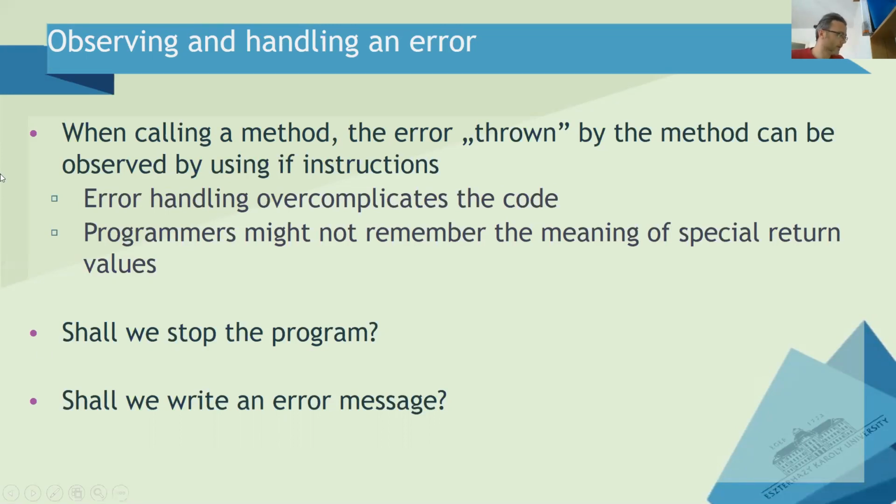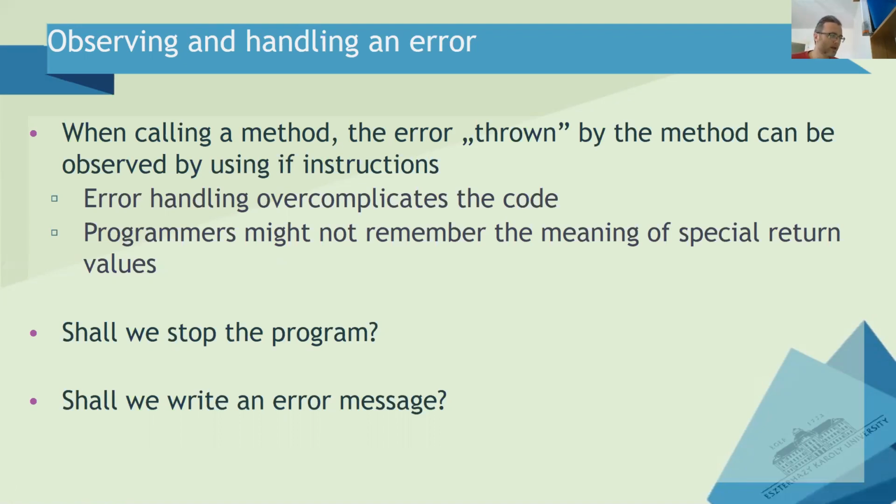Of course, there is another problem. If in a software project several programmers code at the same time, all of the coders have to know what the special error codes are and what they mean.